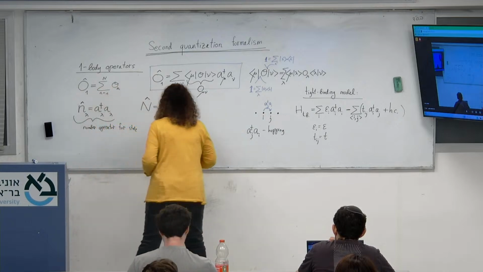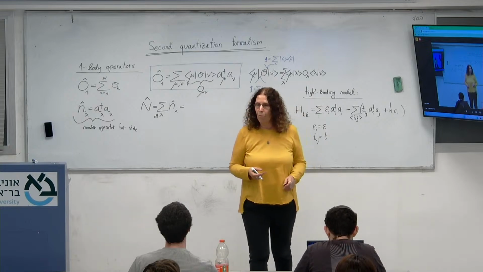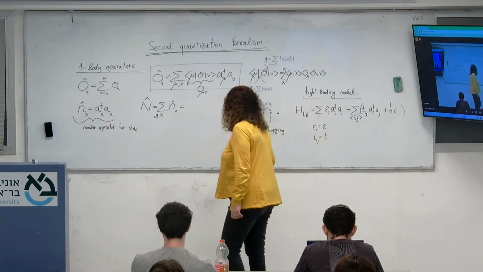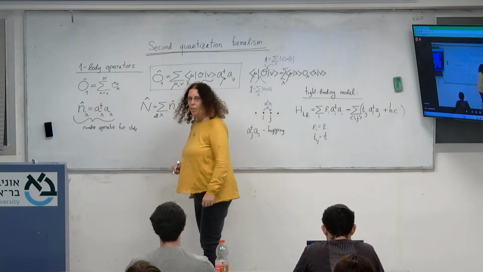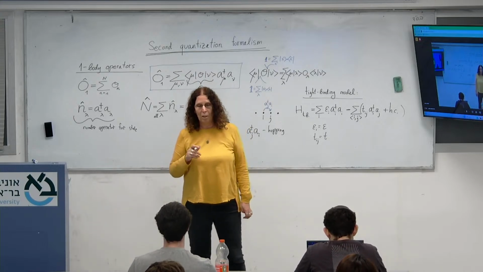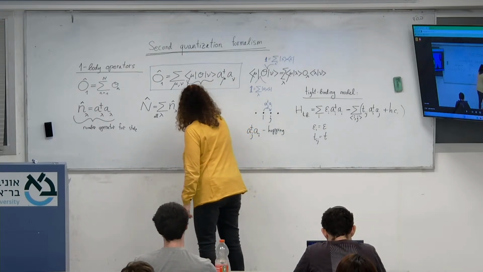And in particular, you can write it in real space, in terms of local operators. But real space R is not a discrete variable, it's a continuous variable. So how will it look in real space?